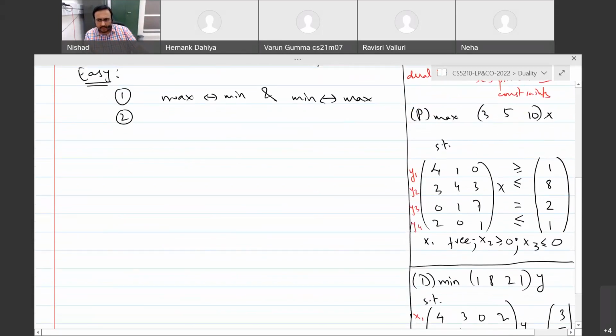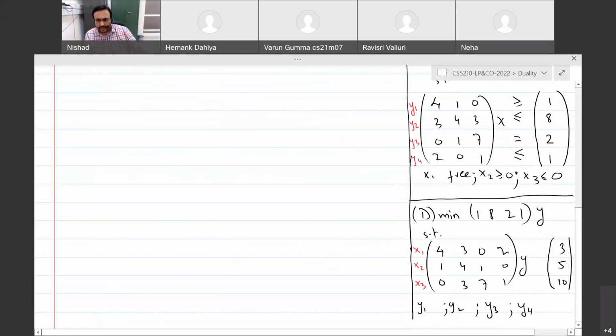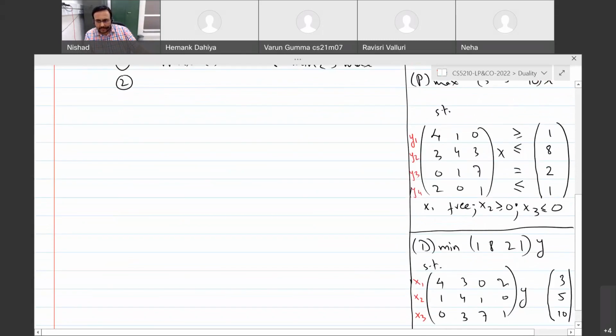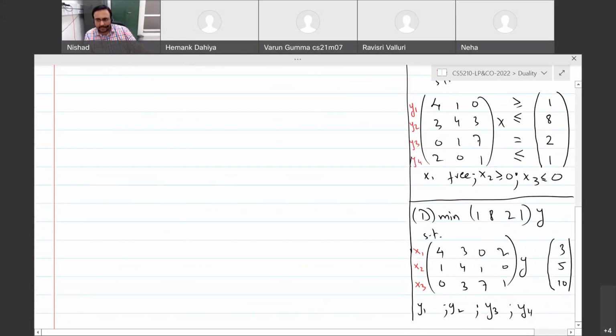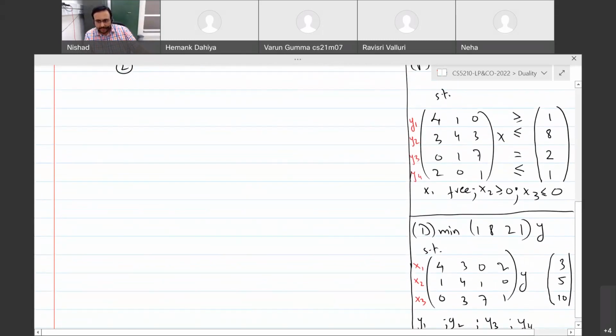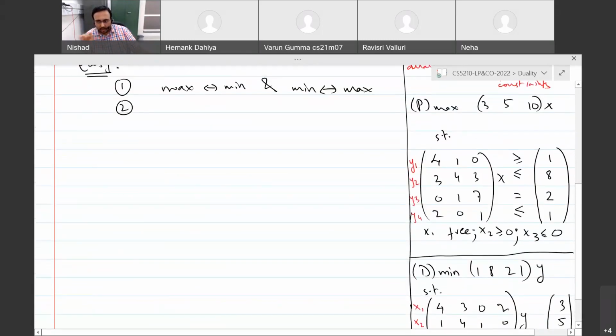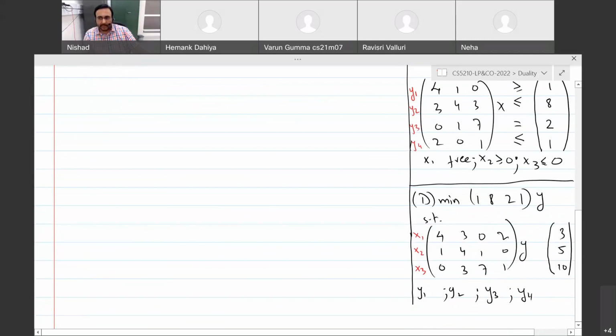And if I am not mistaken, what Varun just said is that in the last lecture, all our y variables were free variables because all the constraints were equality constraints, because it was a standard equality form linear program, so it was Ax equals b. Now can anybody tell me in the dual, which variables will be free?